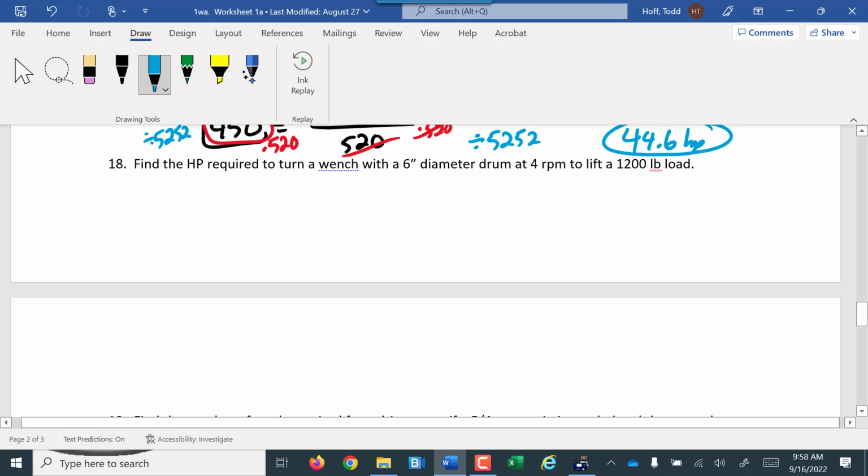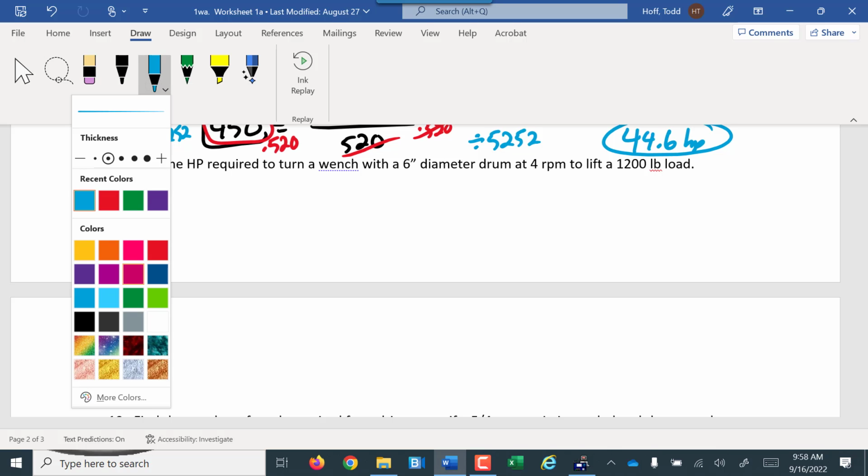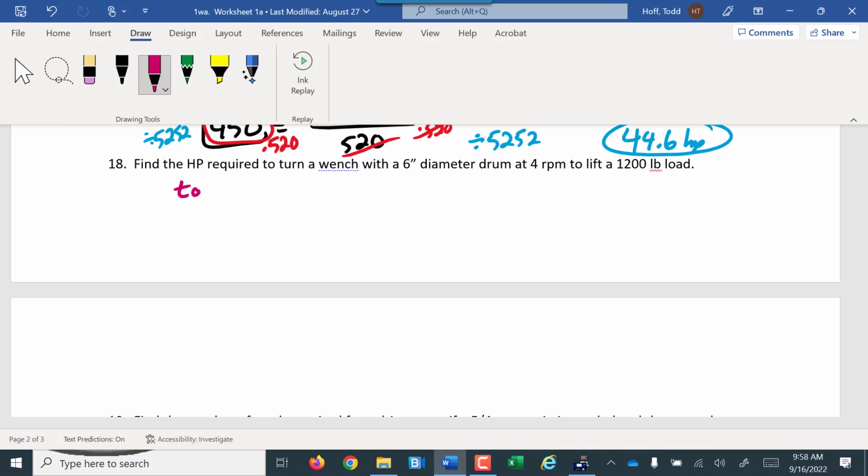Okay, so find the horsepower required to turn a winch with a 6-inch diameter drum at 4 RPM to lift a 1,200-pound load. So the first thing we need to find here is the torque. How do we find the torque? 1,200 pounds is our load.